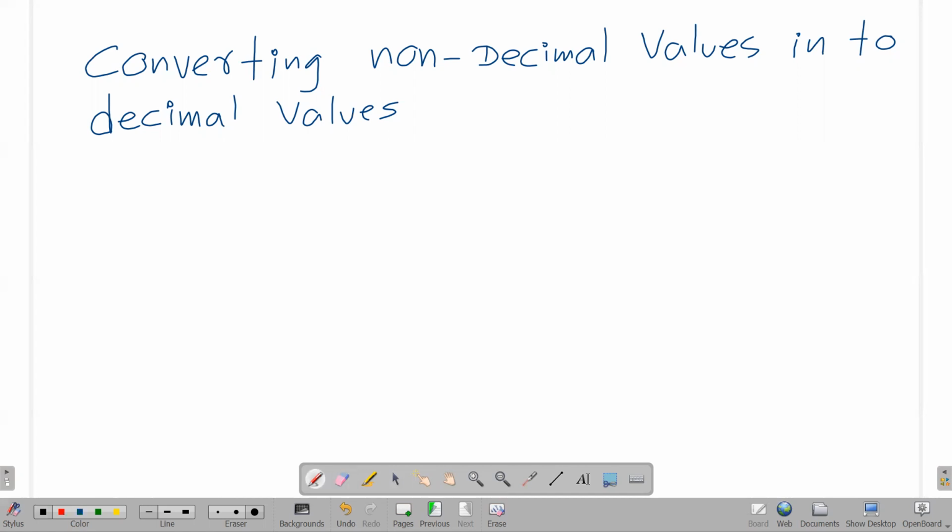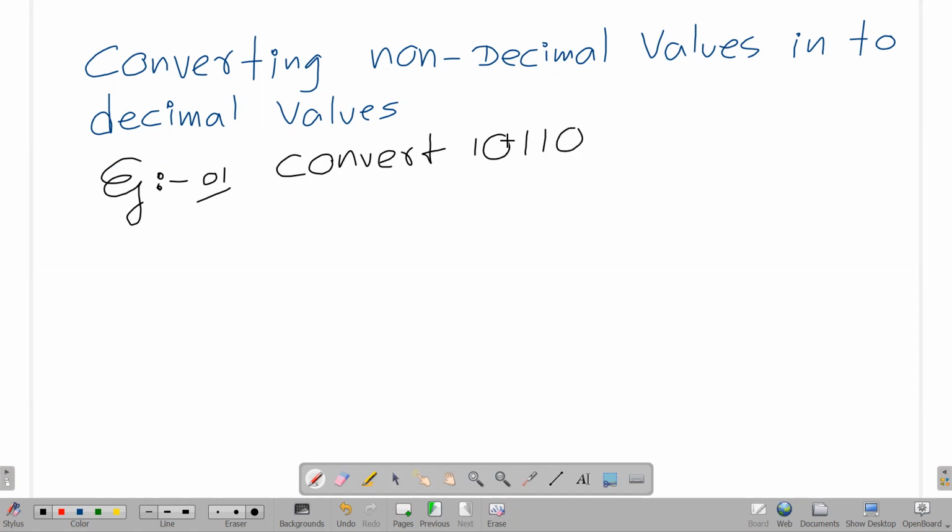So the first example that I'm going to take, example number 1. I'm asking you to convert this value. So convert 10110, which is in binary, into decimal.